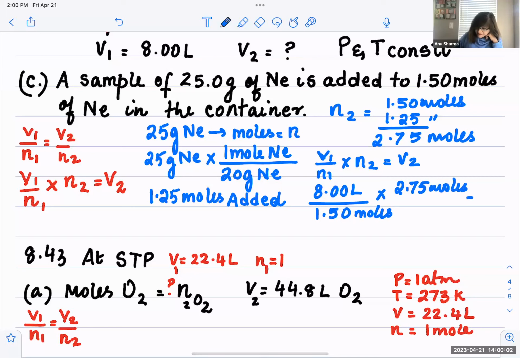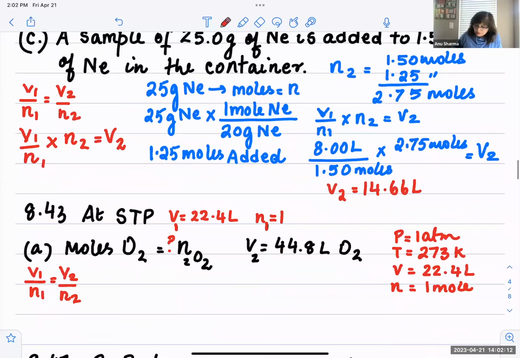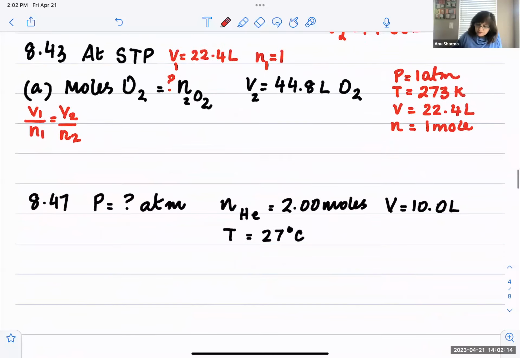That is the value of V2. So let's do the math. 8 times 2.75, divide that by 1.50, and you get the second volume after the addition, and that is 14.66. Okay, so that's one piece.